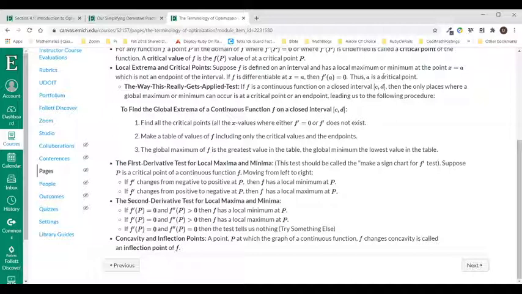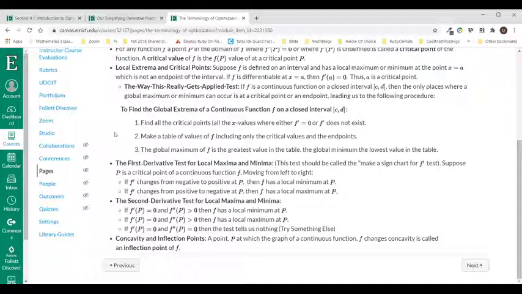If we happen to have a continuous function on a closed interval, now that happens very often in physical applications because things don't actually go on forever, it says the only places where you have to look to find a global maximum or minimum are either at a place where the derivative is 0, or at a place where the derivative is undefined, or at an endpoint. Now what that does is gives us the following procedure. If we want to find the global maximums of a continuous function and we have a closed interval, just find all the critical points.